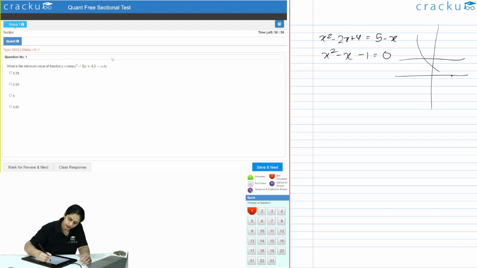So it will be like this. And then there is 5 minus x. So you will find the minimum value of this max of this.